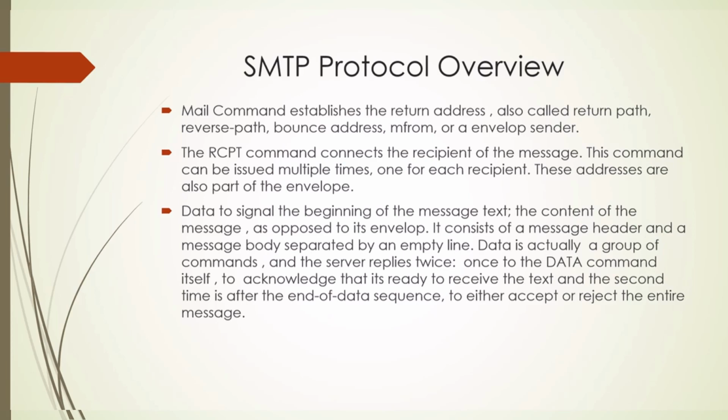The next one is the RCPT command to establish the recipient of the message. This command is issued multiple times, once for each recipient. These addresses are part of the envelope.